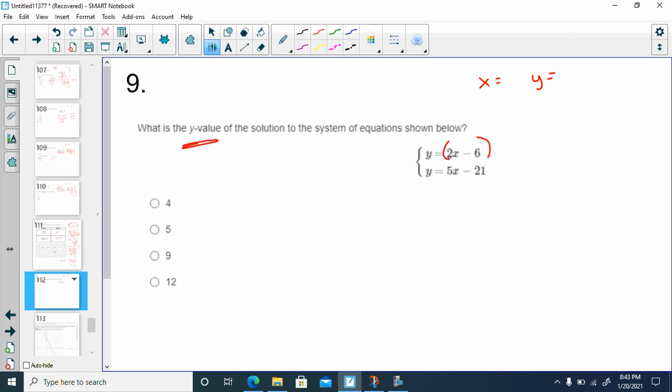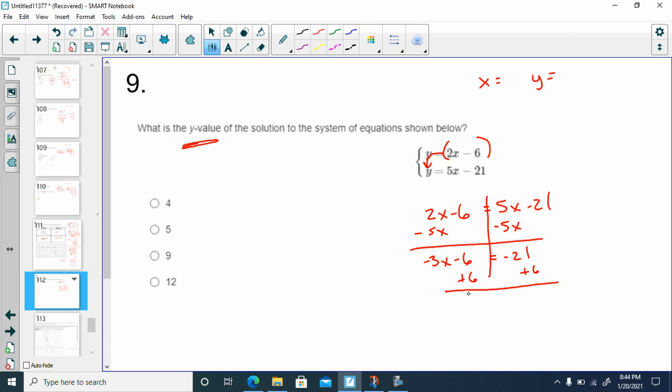So I can substitute this in place of the y, can't I? 2x minus 6 is equal to 5x minus 21. All right? How about if I subtract 5x from both sides? I get negative 3x minus 6 is equal to negative 21. Let's add 6 to both sides. Negative 3x is equal to negative 15.